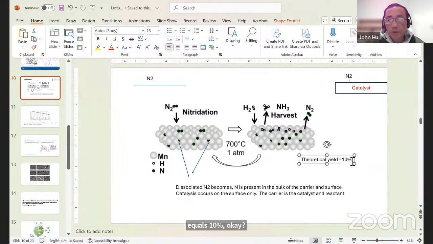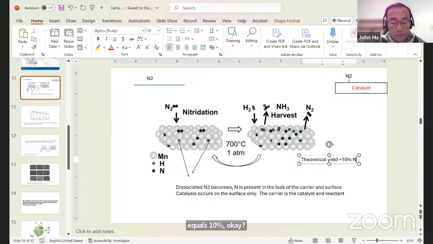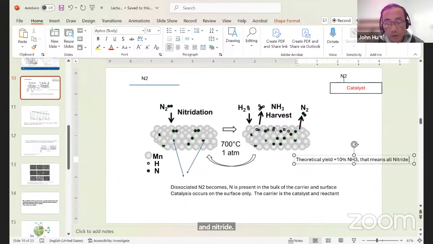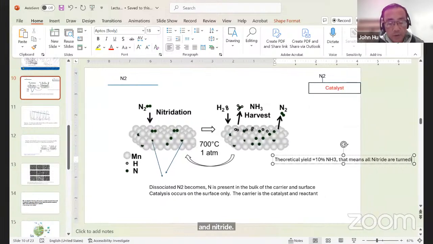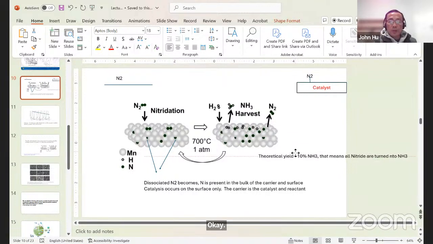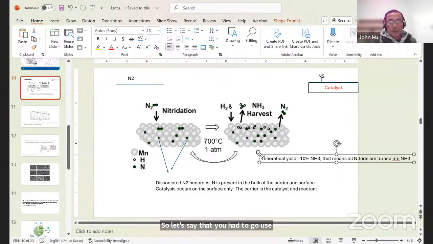So 10% ammonia. Make an assumption. That means all this bulk nitride turns into ammonia.